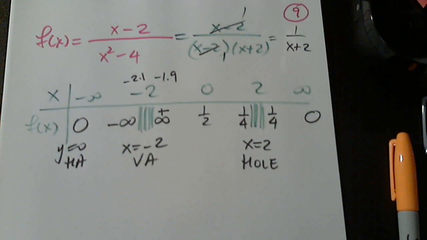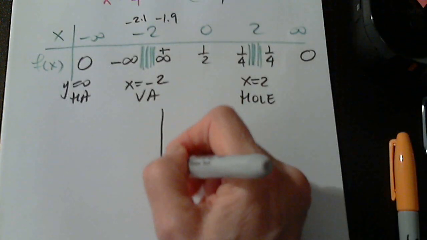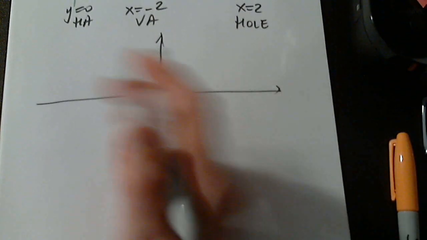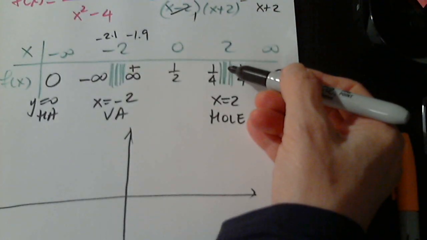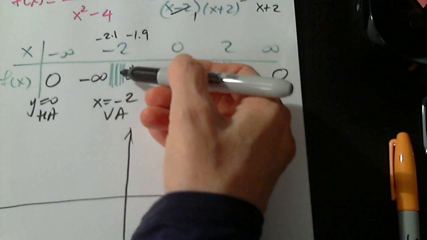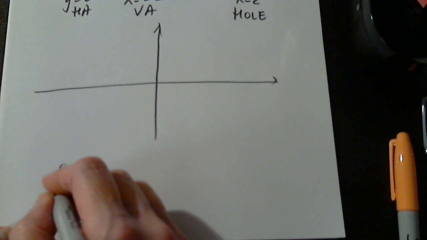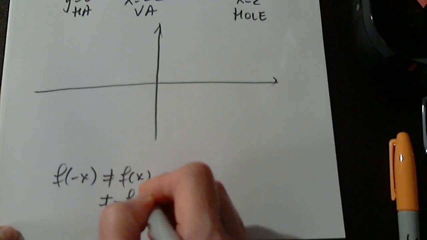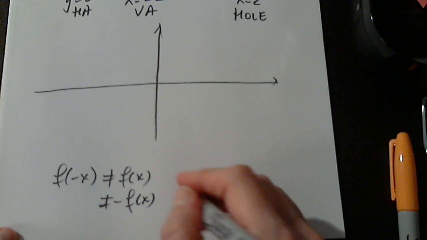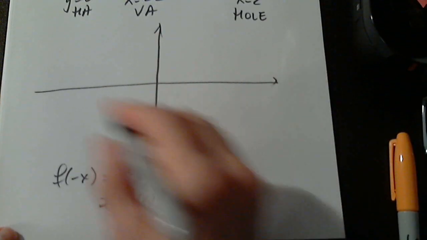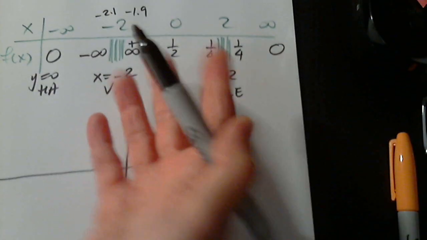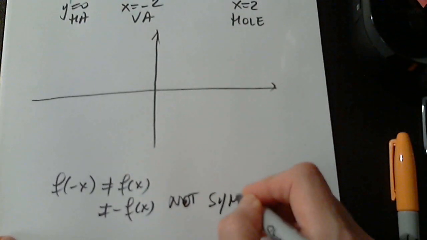Done. I'm done. This is it. I don't have anything else. Yes, I have to write no symmetry, because you cannot have a hole at 2 and a vertical asymptote at negative 2 and be symmetric. So I'm going to write f of negative x does not equal f of x does not equal negative f of x. Not symmetric. I have to write this somewhere on the side. It doesn't fit in the table. This is the only thing that does not fit in the table. Not symmetric.